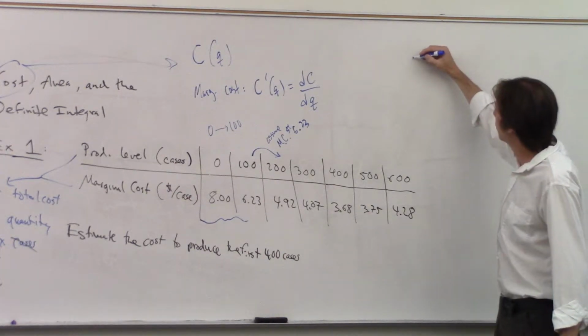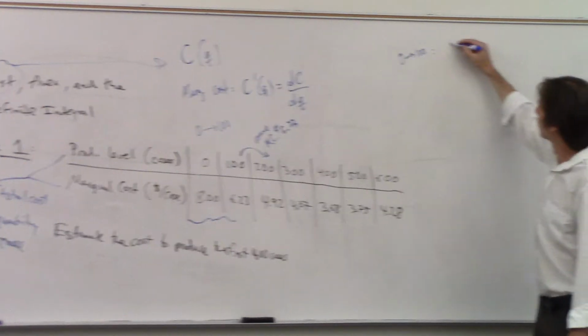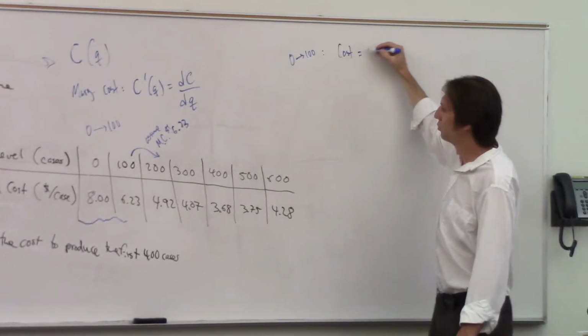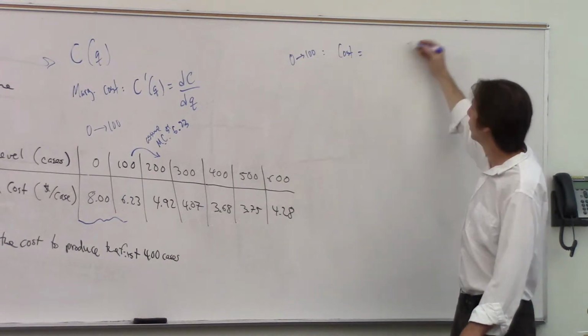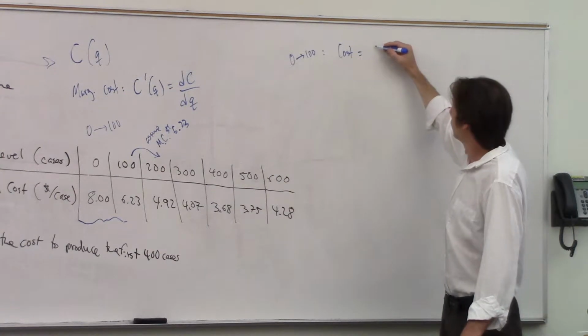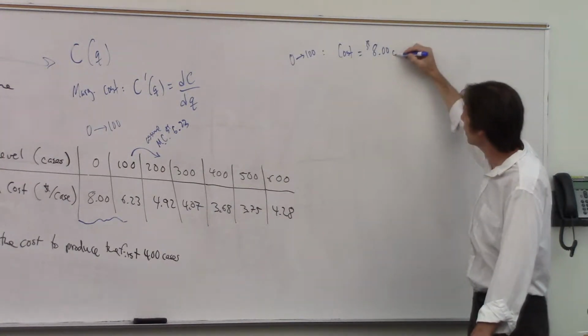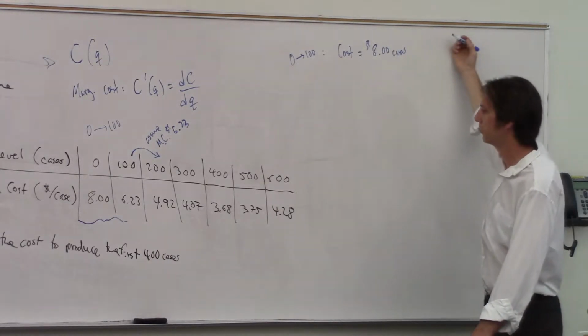So here, going from 0 to 100, the cost would be $8 per case times the number of cases.